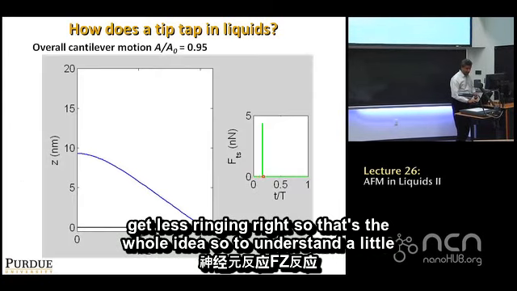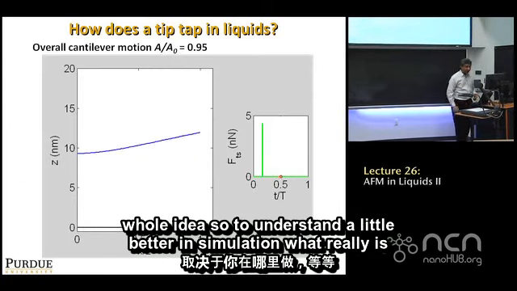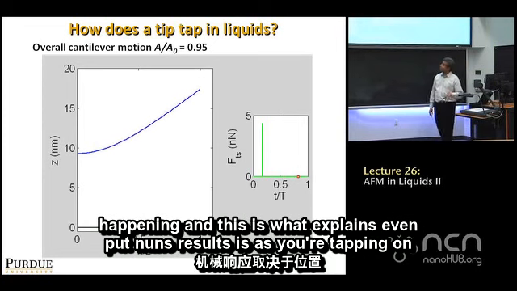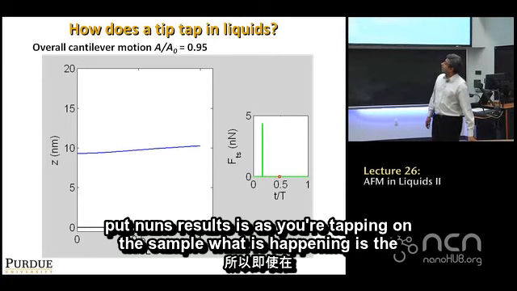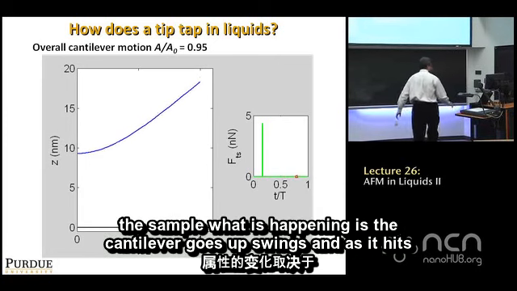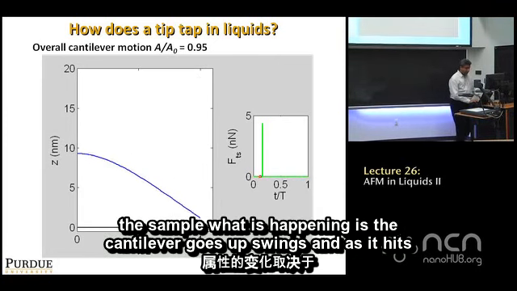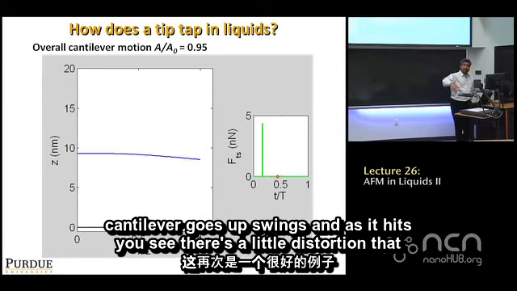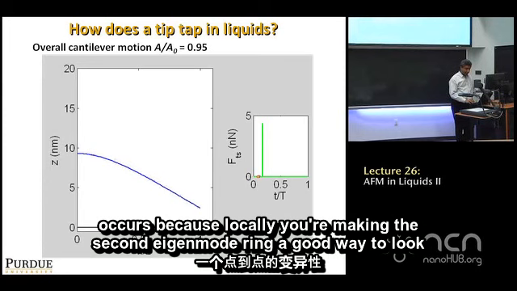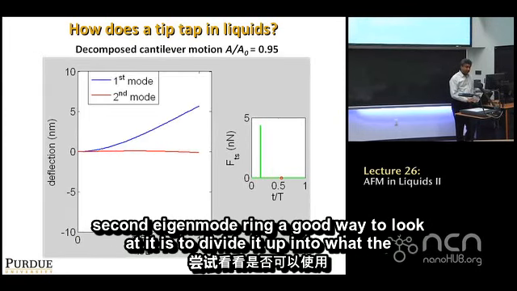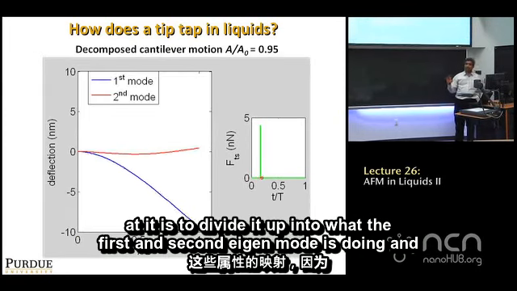To understand a little better in simulation what really is happening, and this is what explains even Putman's results, as you're tapping on the sample, the cantilever goes up, swings, and as it hits, you see there's a little distortion that occurs because locally you're making the second eigenmode ring. A good way to look at it is to divide it up into what the first and second eigenmode are doing.